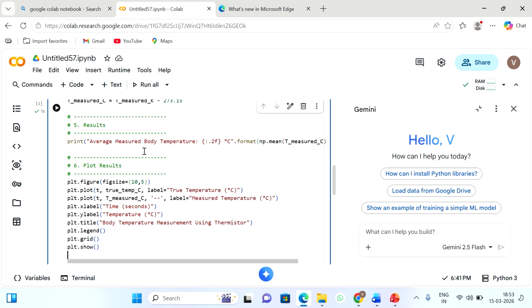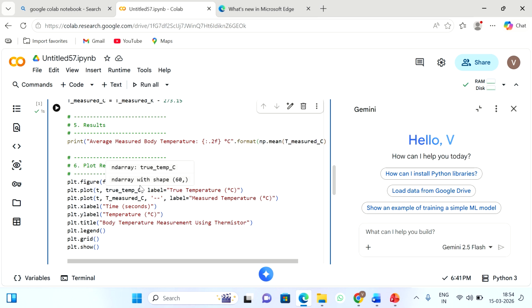It calculates the average measured temperature and displays the result with 2 decimal places, so it will round off. An example output: average body temperature is 37.01 degrees C.